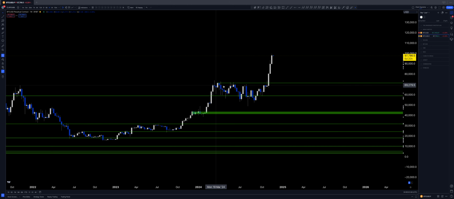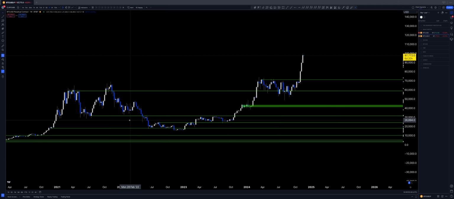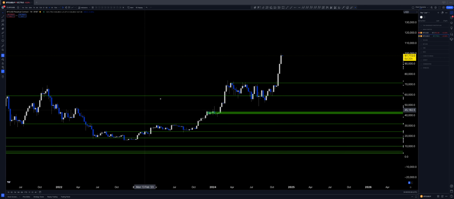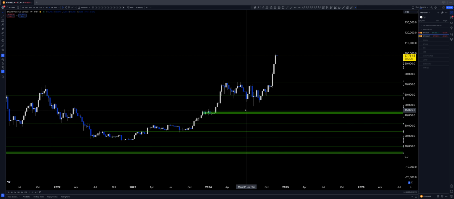Read the candles. Wicks mean things, bodies mean things. Don't get tunnel vision, don't get blinded, and you want to use them to draw your support and resistances. I hope I'm making sense here.